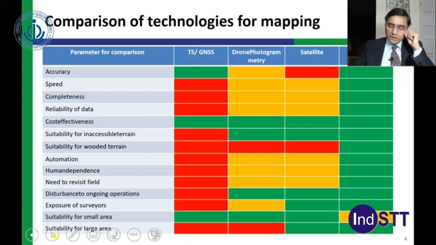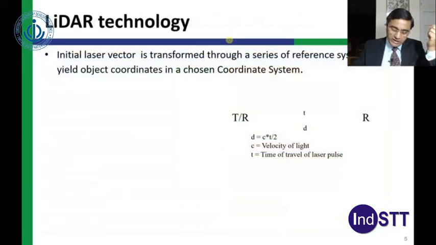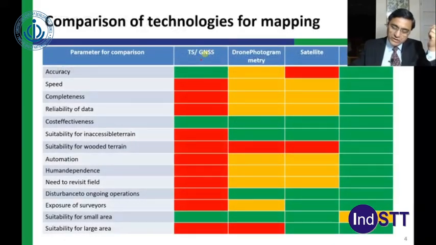So, if we look at the technologies, there is a couple of technologies. Traditionally we have been using the total station and the GNSS. So here is the total station, GNSS, or the photogrammetry or the satellite, and now the new technology of LiDAR.